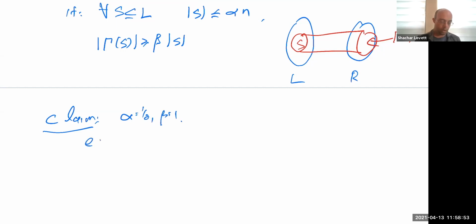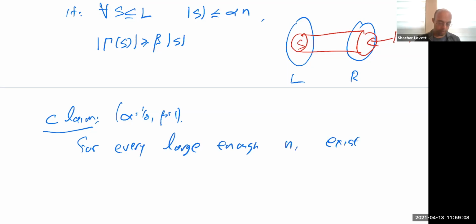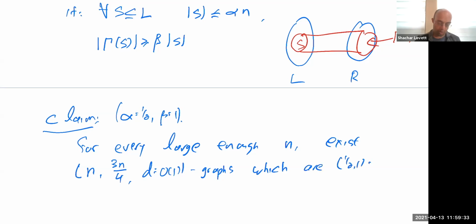So for every large enough n, there exists a graph with n nodes on the left, 3/4 n nodes on the right, and some constant degree, which is a half-1 expander.